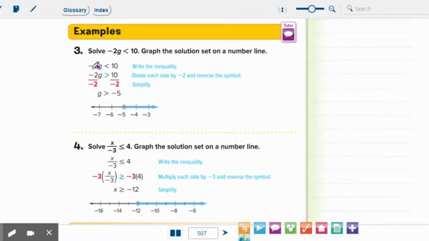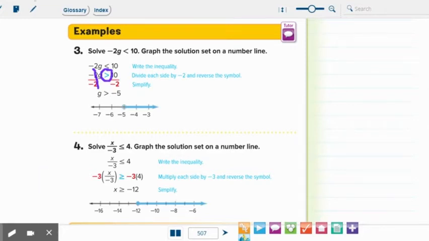The -2's on the left will cross out. Bring down your variable g. 10 divided by -2 equals -5. Notice in the middle that we flipped the inequality symbol. So the solution is g is greater than -5.